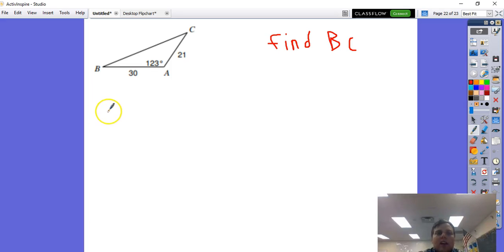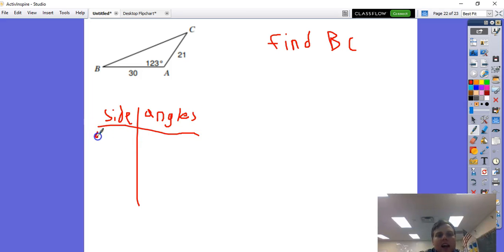We're going to do the same thing. We're going to say sides, and we're going to say angles. So we draw ourselves our little T-chart of this. Then we have side little a, side little b, side little c. Side little a is actually the side I'm trying to find, so I'm going to put a question mark there.